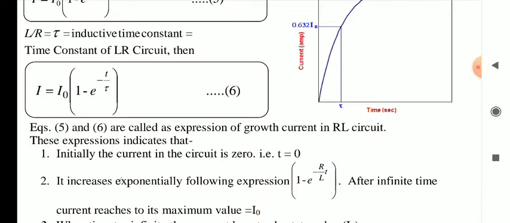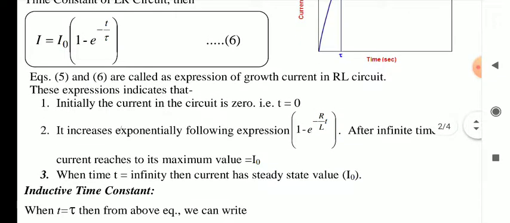That is called the time constant, which is equal to L by R. Initially, from this equation, the current in the circuit is 0 when time t is equal to 0. It increases exponentially following the expression 1 minus e raised to R by L into t.